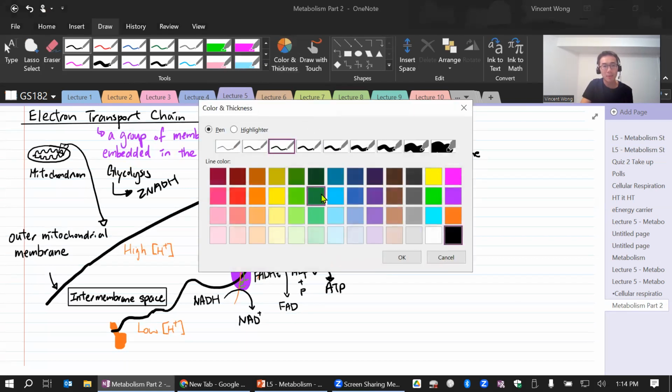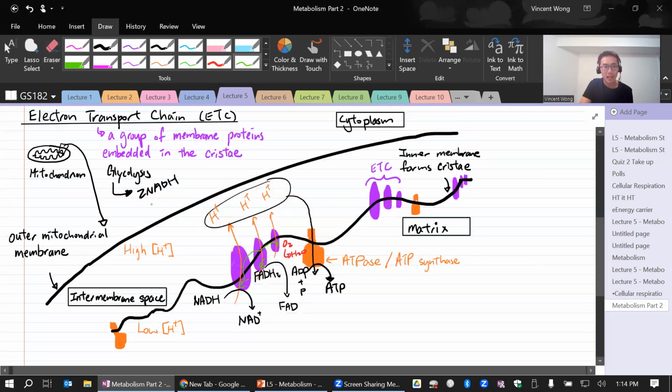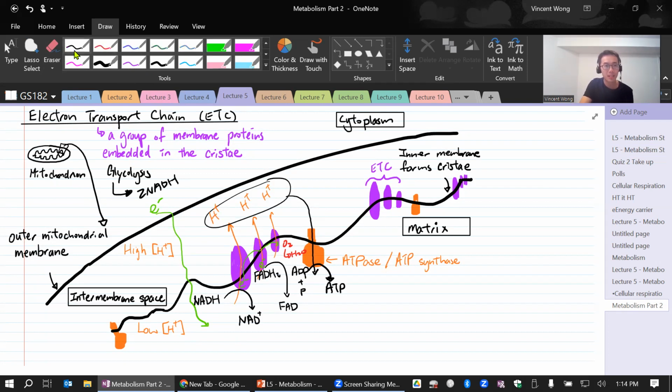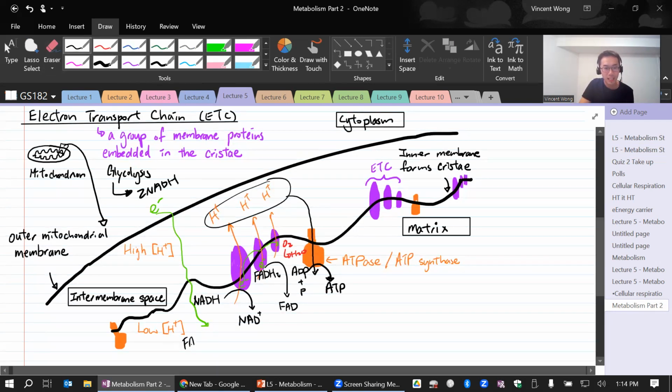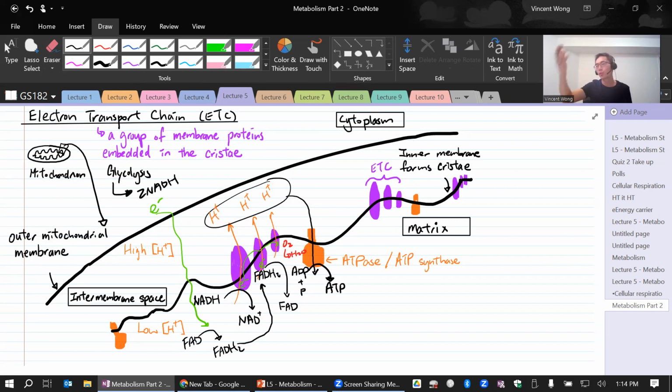So instead, what happens is, I will let the electrons get off. They can cross the border themselves, and then something else will pick them up once they cross. An FAD will come pick them up, and it will become FADH2, and then drive them to the ETC. Do you understand? The NADH is too big; it can't fit through, so it will just let the electrons off.